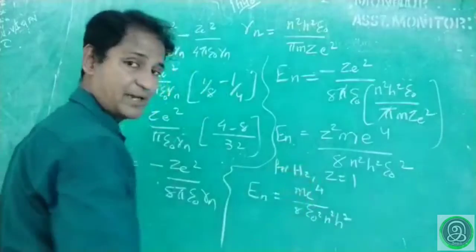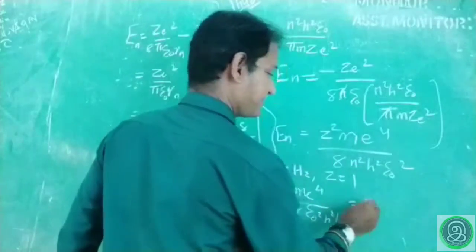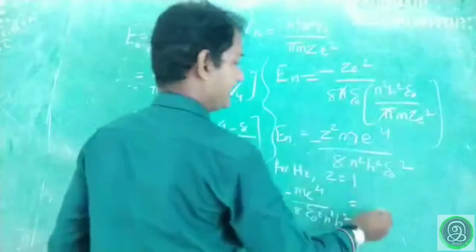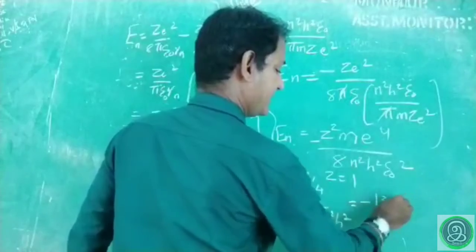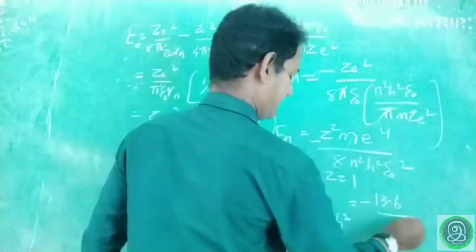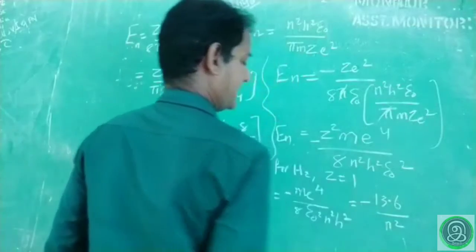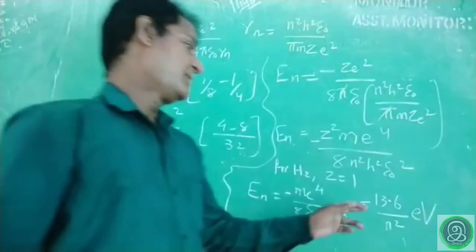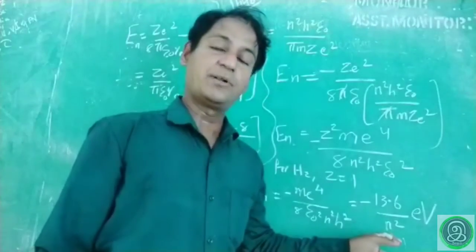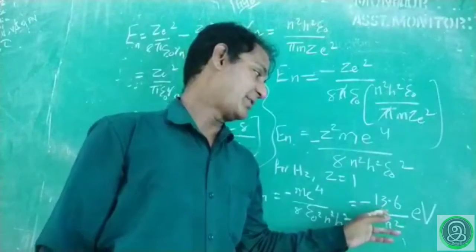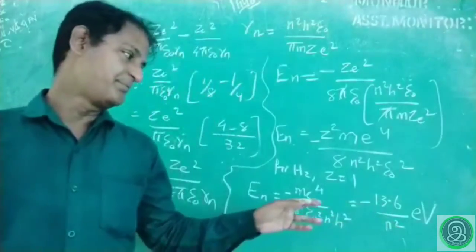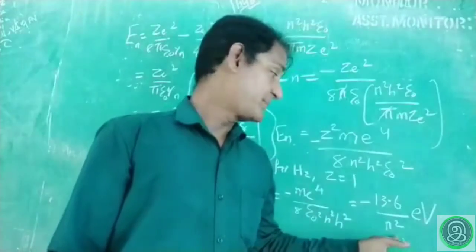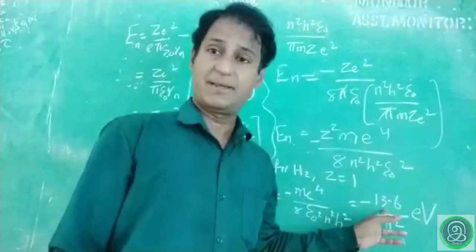When you substitute all the values, at last I get minus 13.6 by n squared eV. So if n equal to 1 for the first orbit, it is minus 13.6 electron volt. If n equal to 2, that is for the second orbit, n squared becomes 4, so it becomes minus 3 point something.